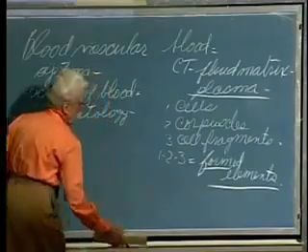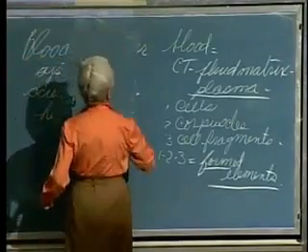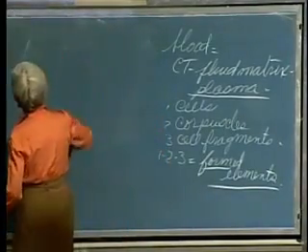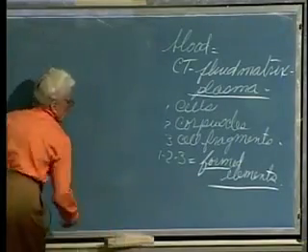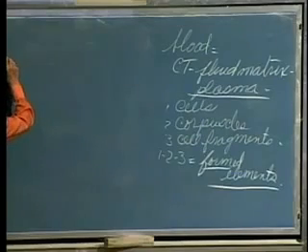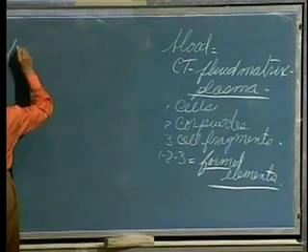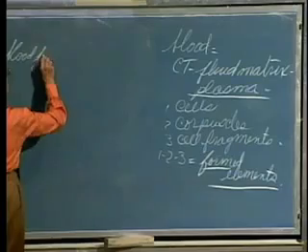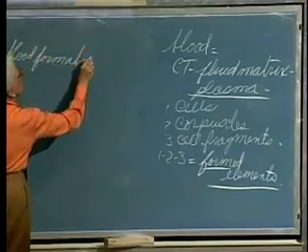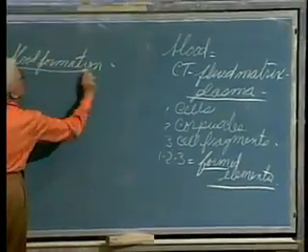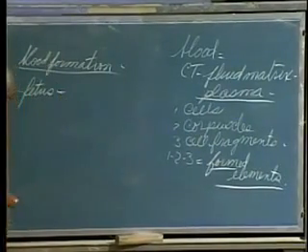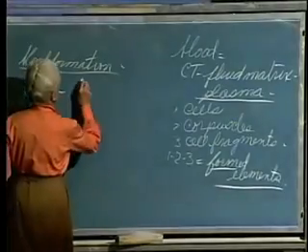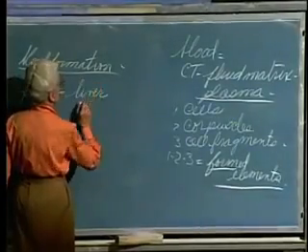So where is blood formed? Where is it developed? It depends on whether you're a fetus or you're an adult. In the fetus, the blood is formed in the liver and in bone marrow.